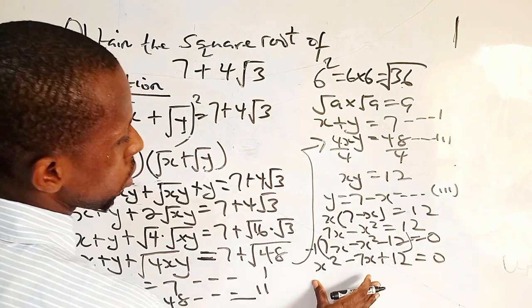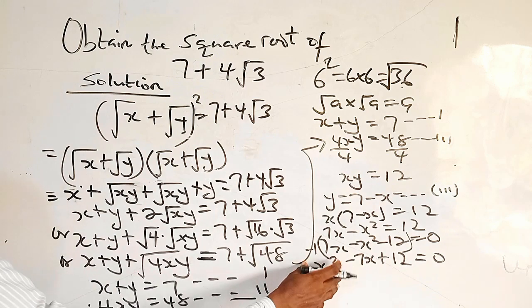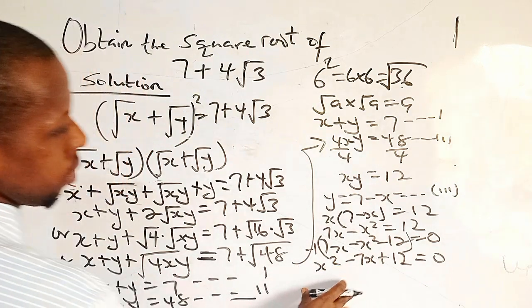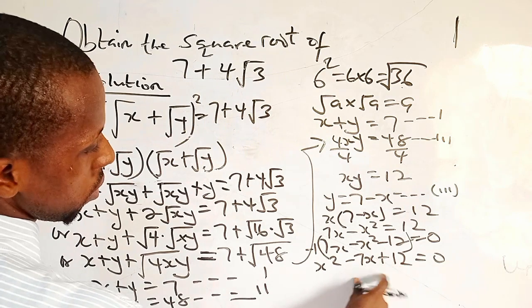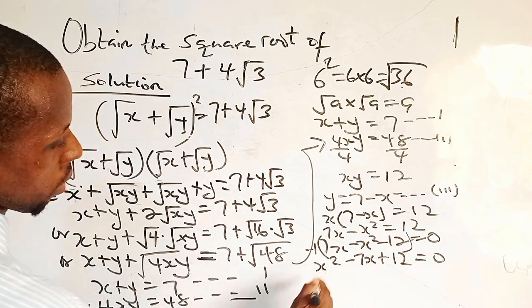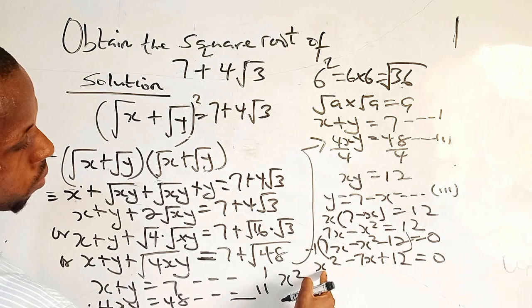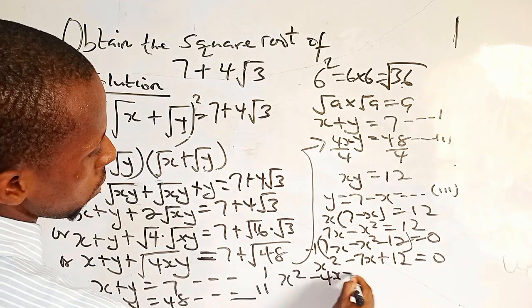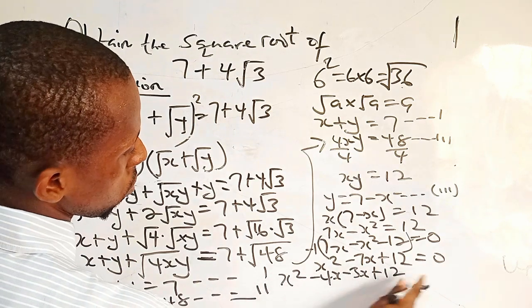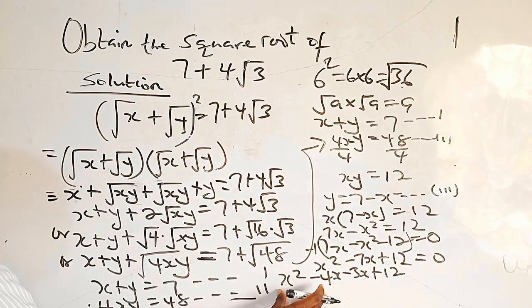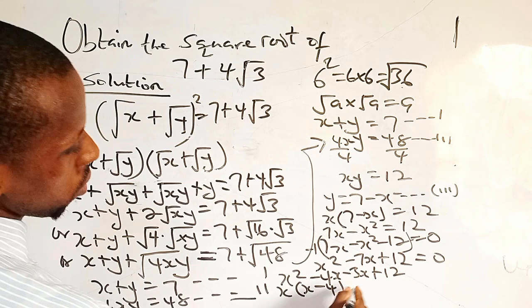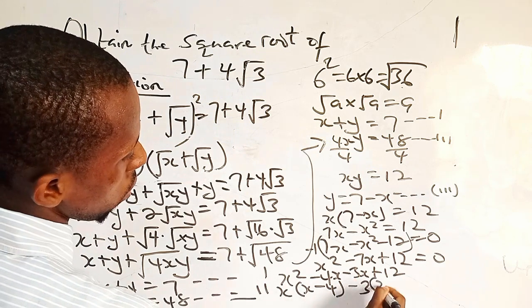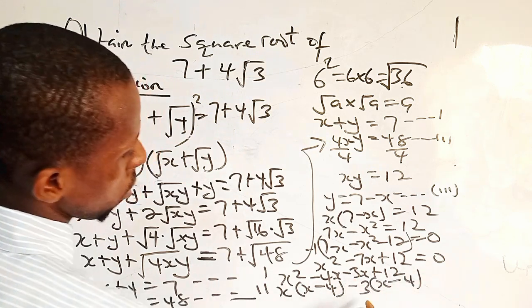From here I can factorize further. To factorize, I can use 4 and 3. I write it as x squared minus 4x minus 3x plus 12. The common factor is x into (x minus 4), minus 3 into (x minus 4).